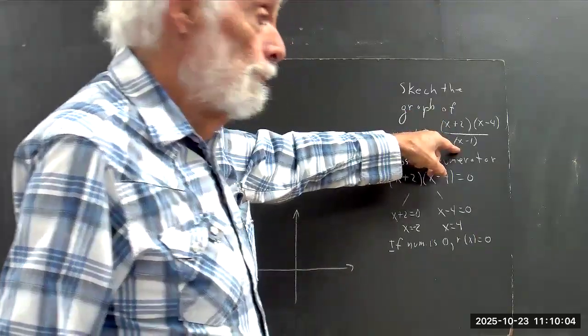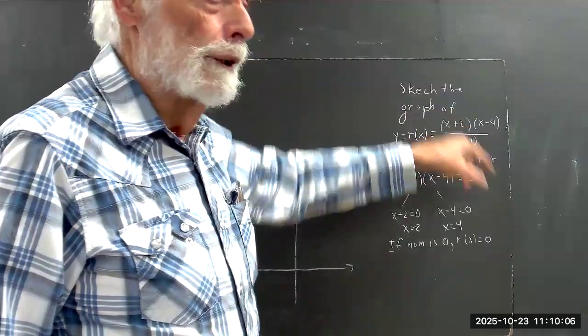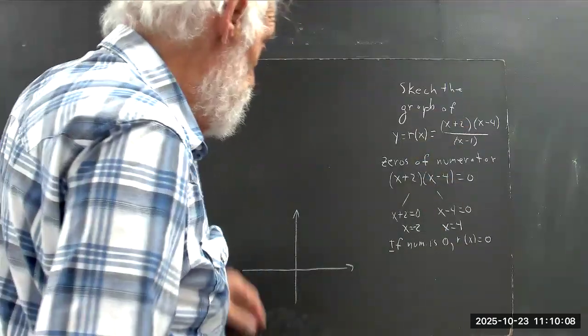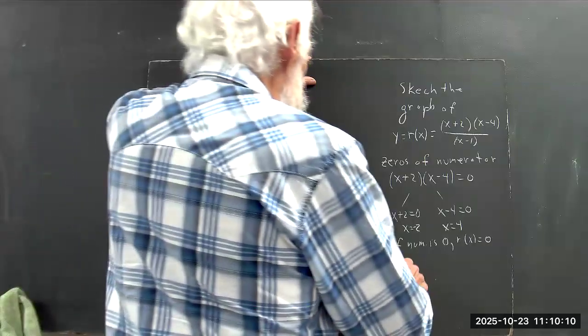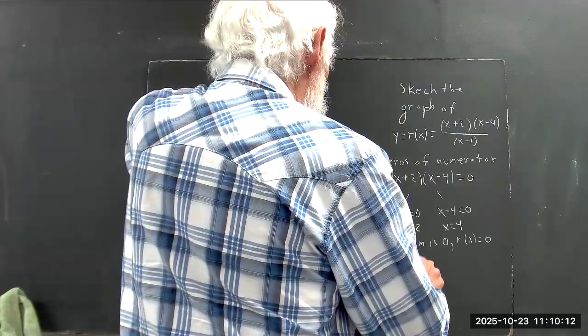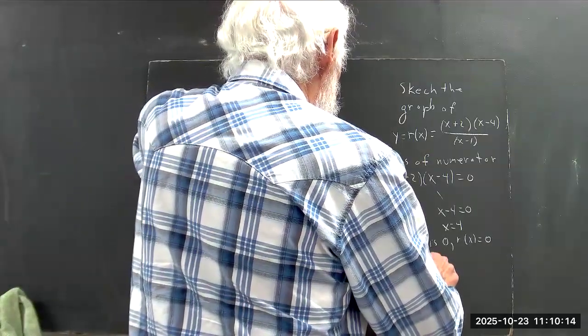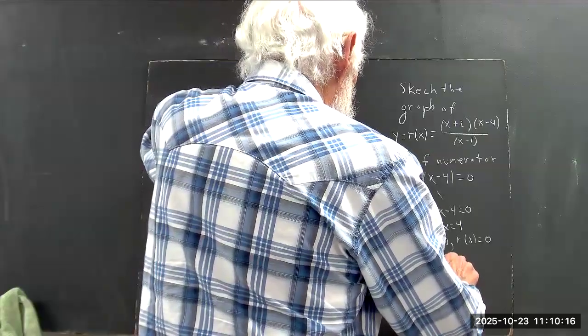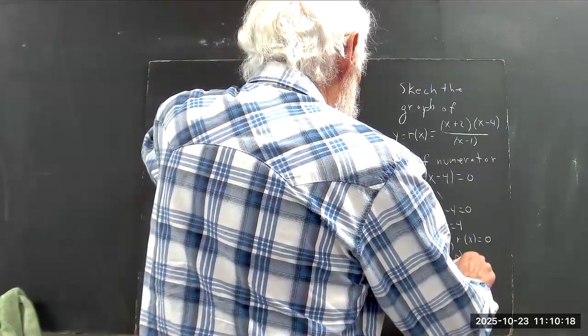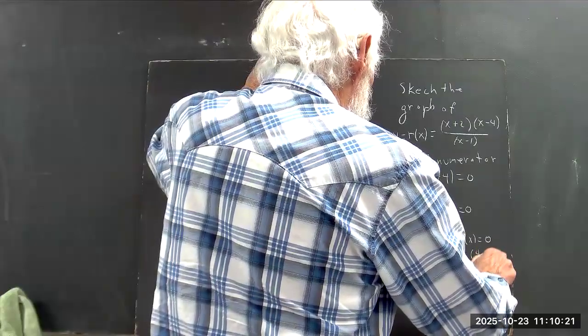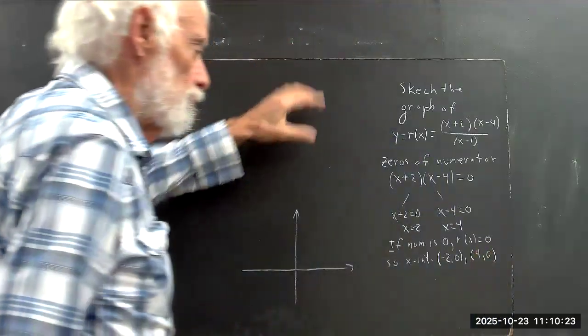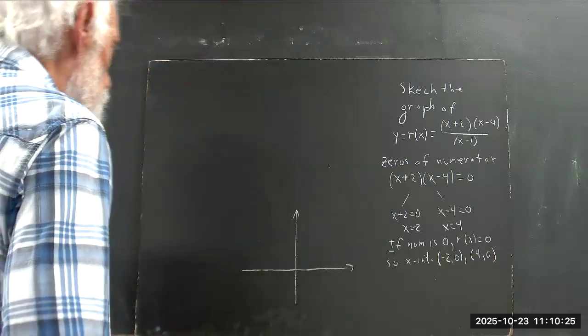If you divide 0 by anything but 0, you're going to get 0. So your x-intercepts are (negative 2, 0) and (4, 0).